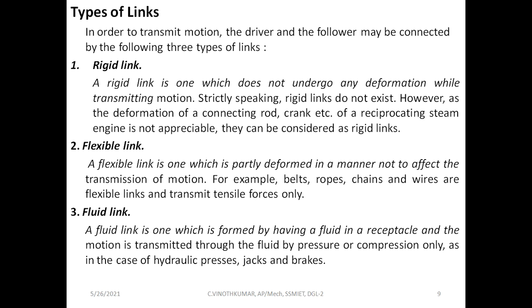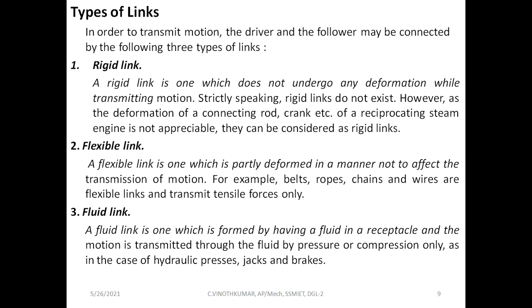Second, flexible link. A flexible link is one which is partly deformed in a manner not to affect the transmission of motion. For example, belts, ropes, chains, and wires are flexible links and transmit tensile forces only. Third one is a fluid link.